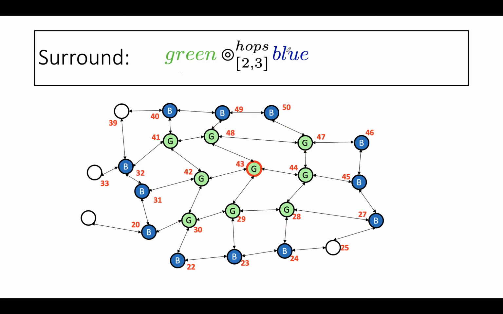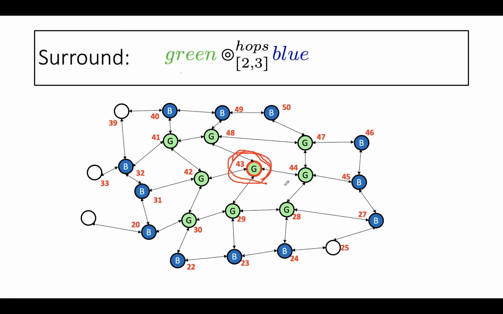To better understand the distance constraint, let's see the same property but with a different distance interval. So instead of 0, 100, we have 2 and 3. In that case, the only location that satisfies that property is the location in the center, the location 43, because it's the only one for which there exists a green region where all the elements satisfy the green property and are at a distance less than 3 from the location 43.